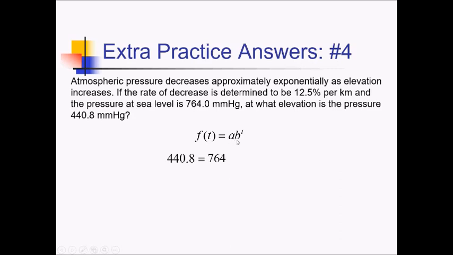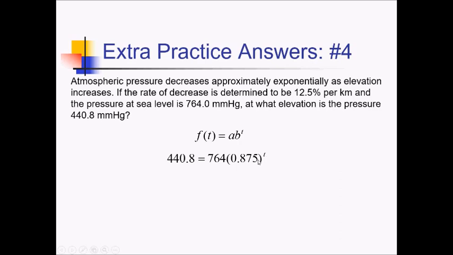B is what I have to multiply by each time. If we're decreasing 12.5%, that means we subtract 0.125 from 1. You could use a calculator, but it's about 0.875. I happen to know that one in my head. And then we'll have to raise that to the t. We don't know what t is yet.